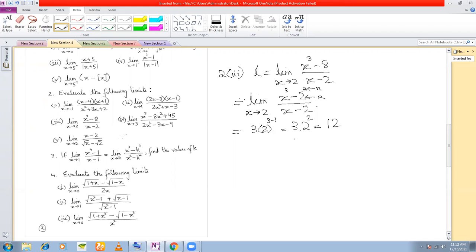You can do this directly, or what you can also do, if you don't want to use this limit, I'm just showing you an alternative way. Not that all these kinds of limits can be evaluated in this way, but this particular limit definitely can be. What you do is, you write the numerator as a difference of 2 cubes.